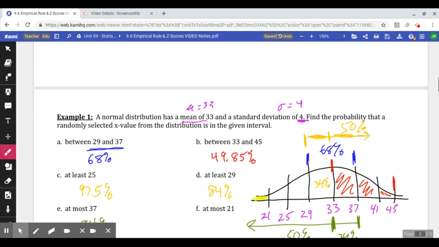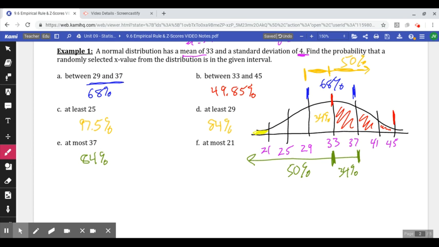We've got 13.5% there, 34% here, and this little piece is 2.35%. If we take all of that away from 50, that will leave us with this area in yellow. Everything to the left, minus 34, minus 13.5, minus 2.35%, gives us this little area, and I believe that's 0.15%. There's not a lot of data to the left of 3 standard deviations to the left of the mean, or 3 standard deviations to the right, for that matter.